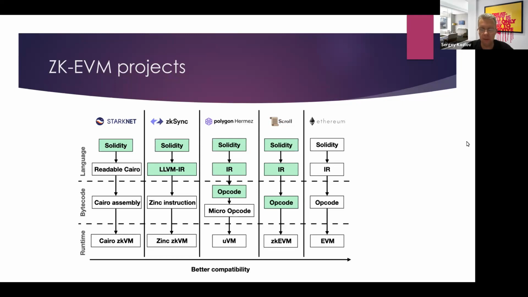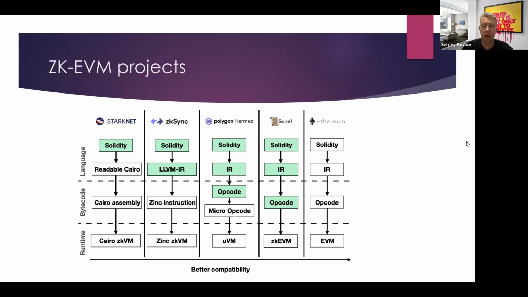level, which is the very base level of the Ethereum virtual machine, we have ZK-EVM for Scroll, EVM for Polygon Hermes, Zinc ZK-EVM, and Cairo ZK-EVM. Cairo ZK-EVM and Zinc ZK-EVM are completely different from the original EVM.